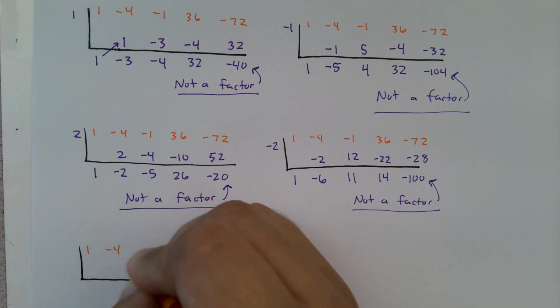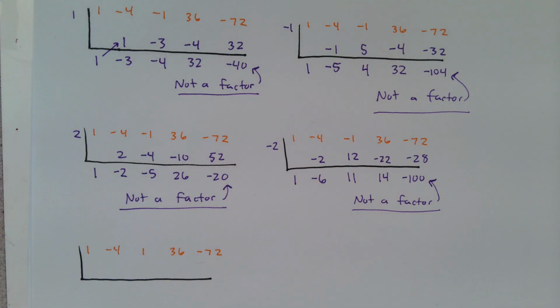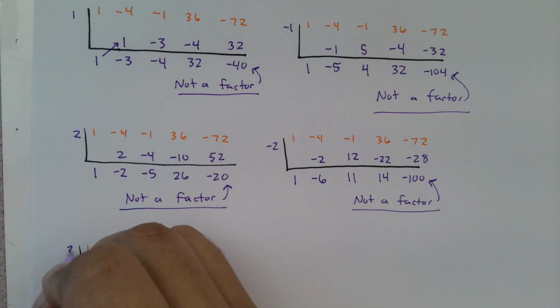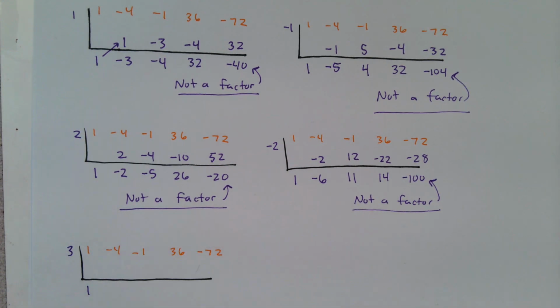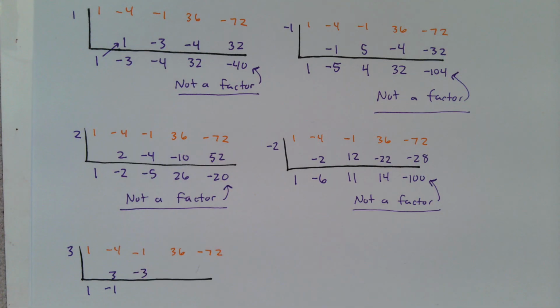1, negative 4, 1, 36, negative 72. This is a negative one. Again, double check. Make sure all your numbers are right. 3. So 1. 3 times 1 is 3. Negative 4 plus 3 is negative 1. Negative 1 times 3 is negative 3.